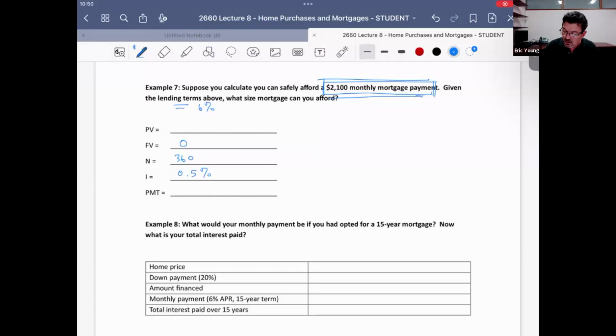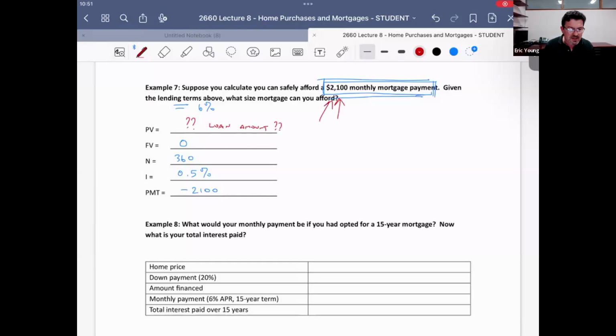In this case, we know that your PMT is going to be negative 2,100, negative because you're sending the money out. So in this case, we're solving for the PV. We're asking what's the loan amount that is safe for you to take out if you can afford that payment per month. So it's just a small little tweak.